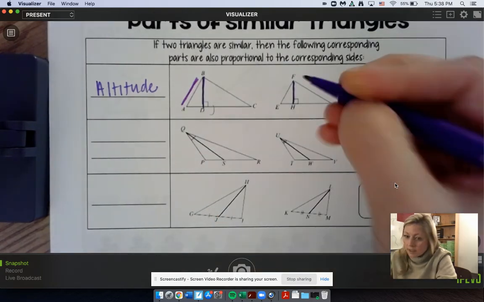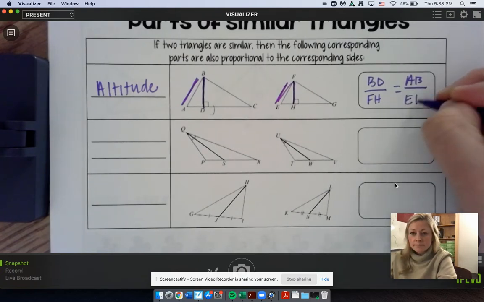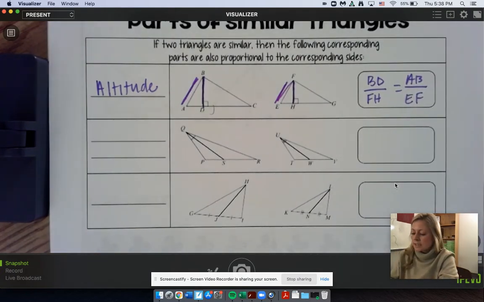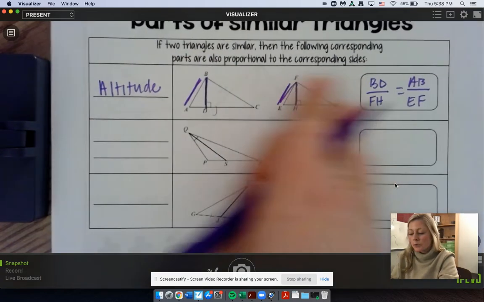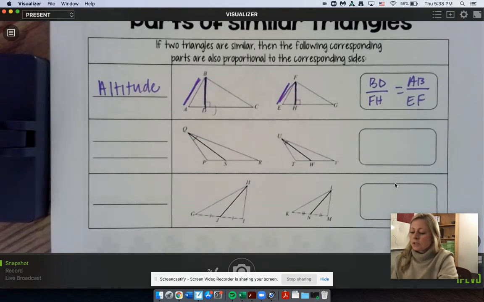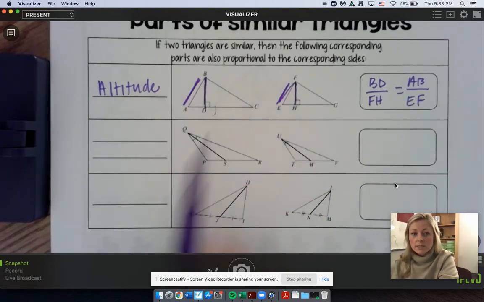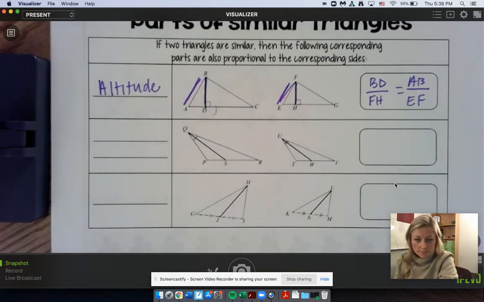That would match EF. And that's that. This is a lot of words, not a lot of math. It will make more sense when we see a problem like this. But just know if you have two altitudes in similar triangles, we can write proportions to help us solve for missing lengths. Okay?